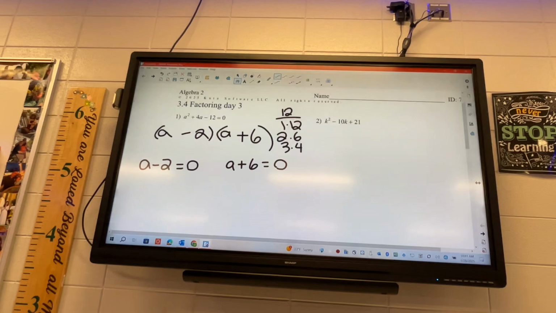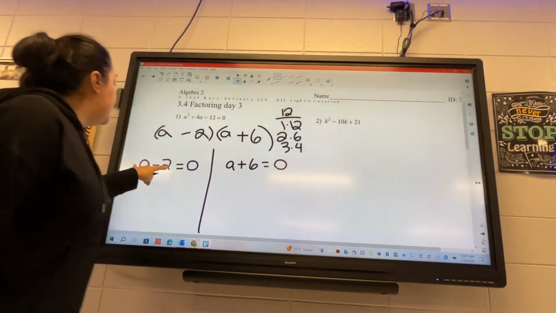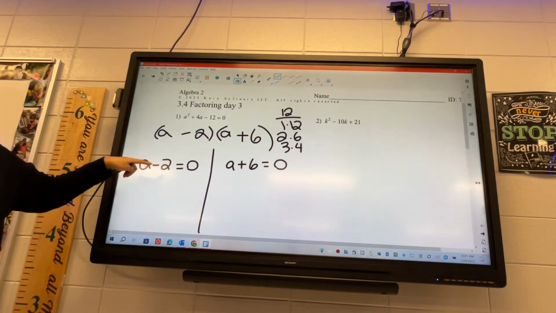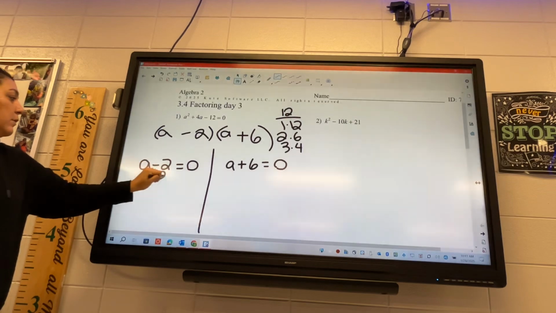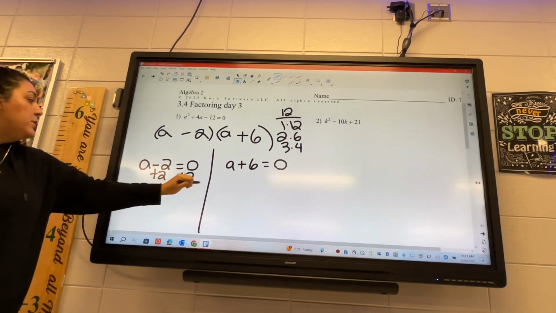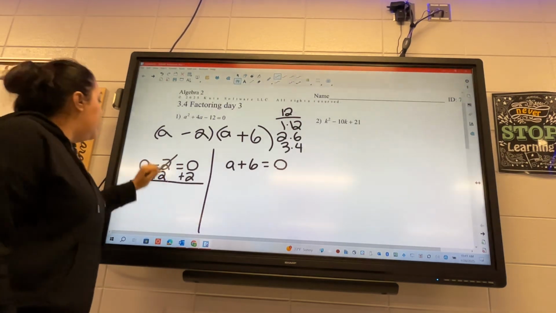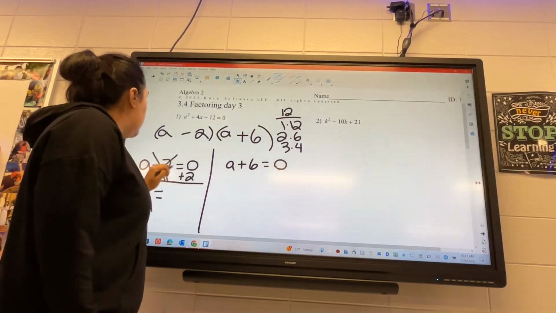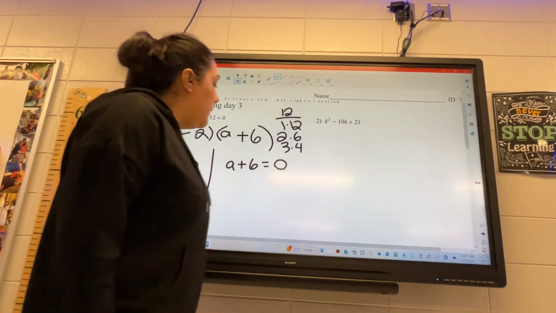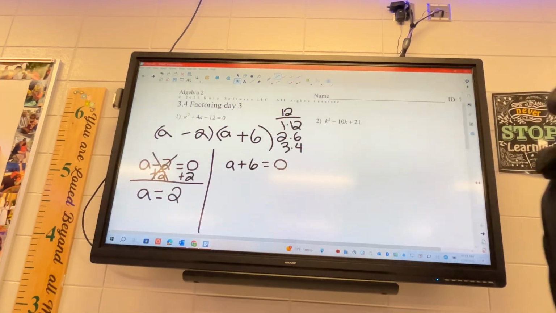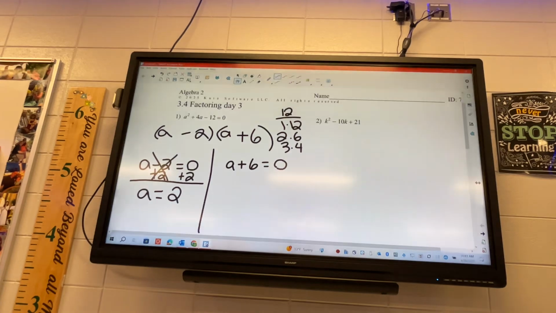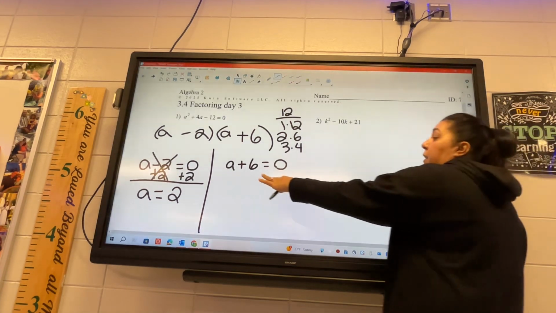Look at this very first one. How do I solve for a? Plus 2. If I do it to one side, I have to do it to the other side. So I get a equals 0 plus 2, which is 2. And on this one, what needs done?